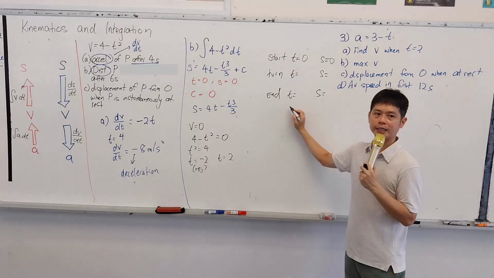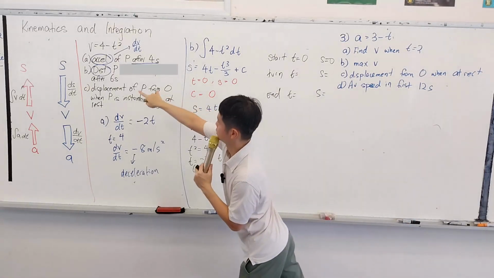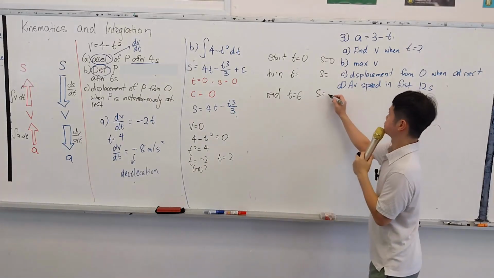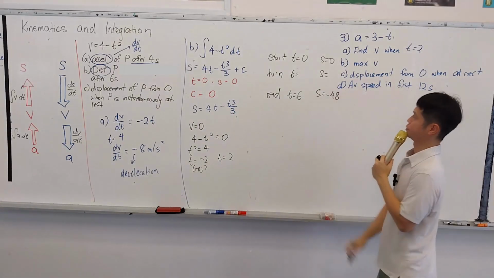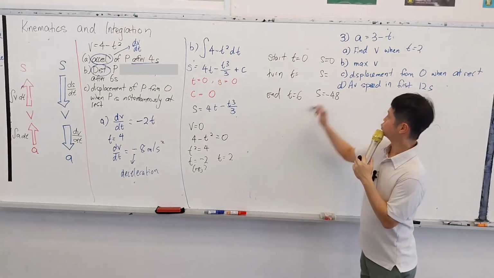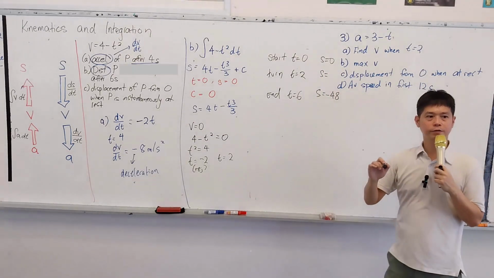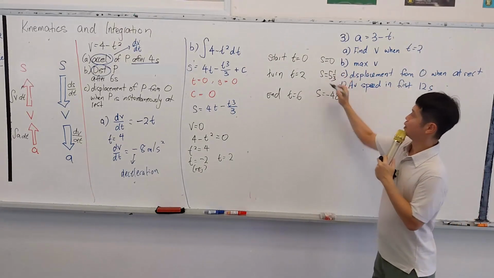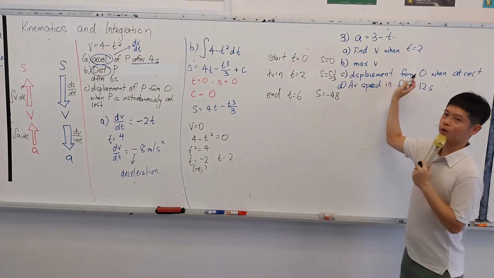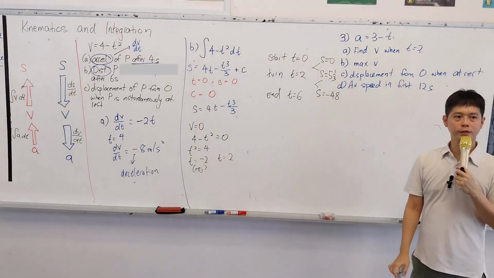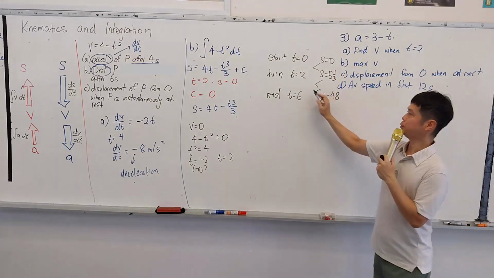When t is 6, s is negative 48. So the turning point is t is 2, and s is 5 and 1/3, right? Okay, I have no more space here, but you know you need to find the distance between these 2 points.